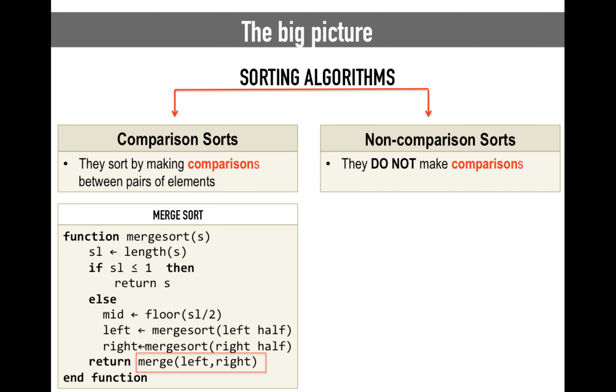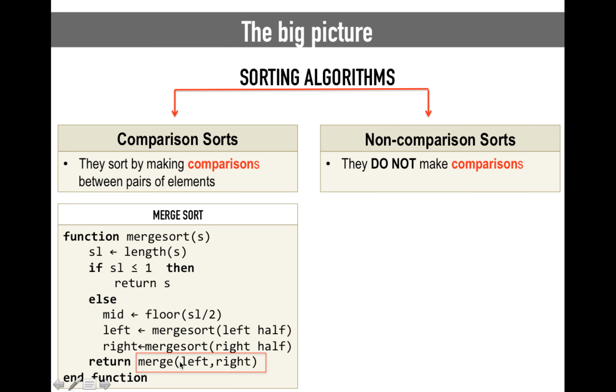Another comparison algorithm that is important to review is merge sort. If you see the pseudocode of merge sort, you do not see any comparison here, but that's because the comparison is made here. When you merge the two lists, which are already sorted, and you start to compare each element of the list to see how to merge these two so you get a sorted list.